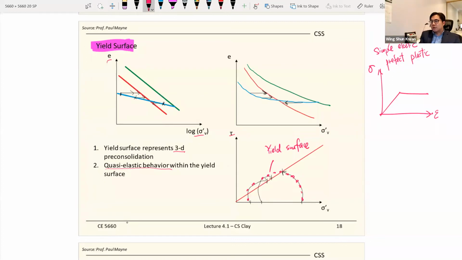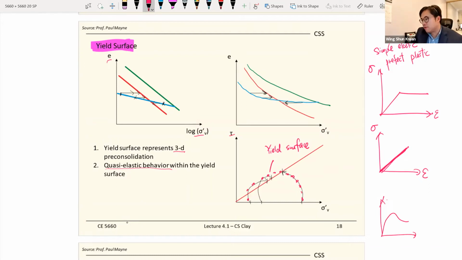This is back to your mechanical material class. At the undergrad level, you should have learned about all this. The simple elastic is just this, right? Just back and forth on a straight line. But soil is very complicated.